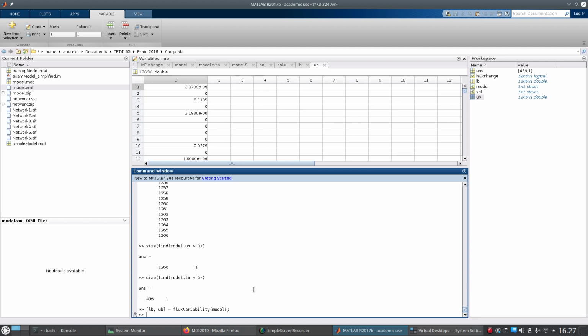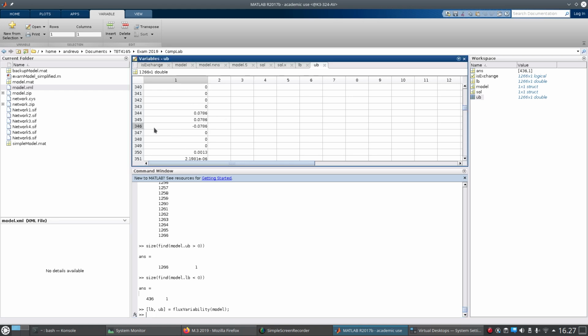Here we don't have the same as with the specified reaction bounds, where we can be pretty sure in advance that everything is going to have a positive upper bound. You might very well have fluxes that, according to flux variability, have a negative upper bound, because it's a reversible reaction which, under optimal conditions, will have to go in the reverse direction.